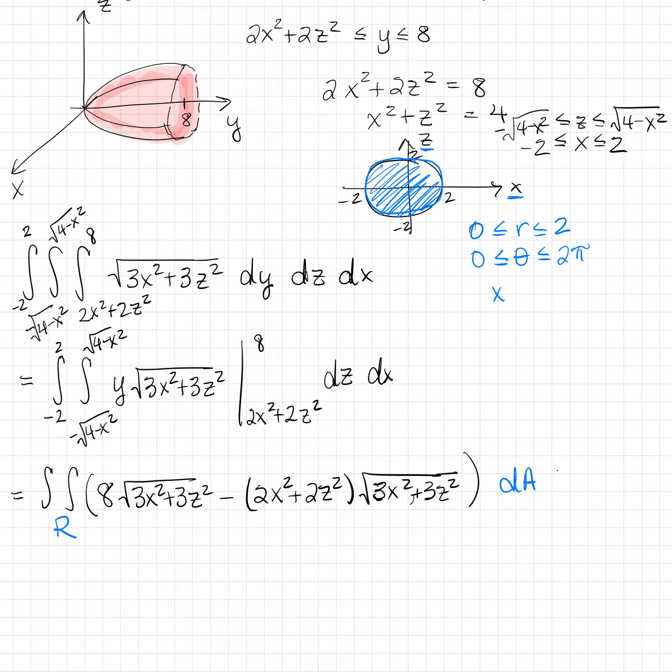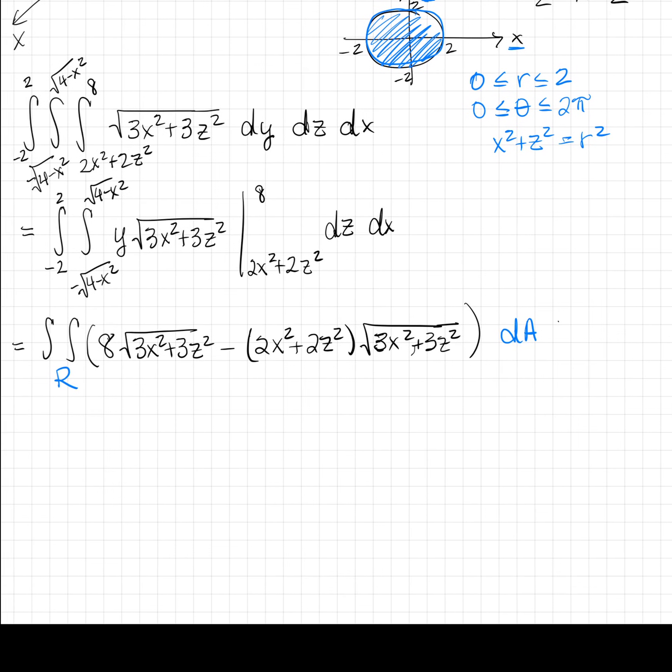So here we have x squared plus z squared equals r squared. And so when I look at my integral, I have a 3x squared plus 3z squared I can replace with a 3r squared. Here I can replace with a 2r squared, and again a 3r squared there. All right, so let's do that replacing.